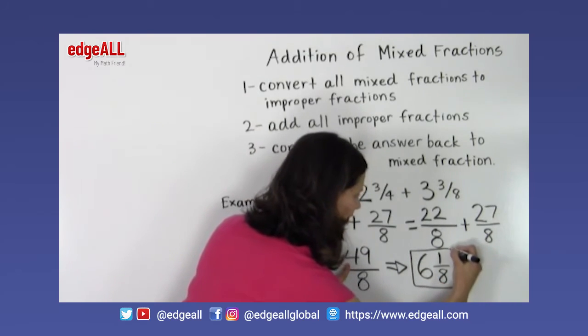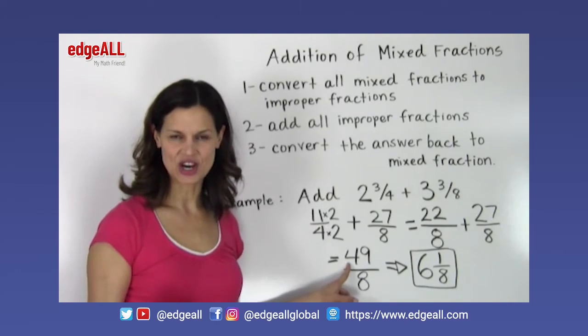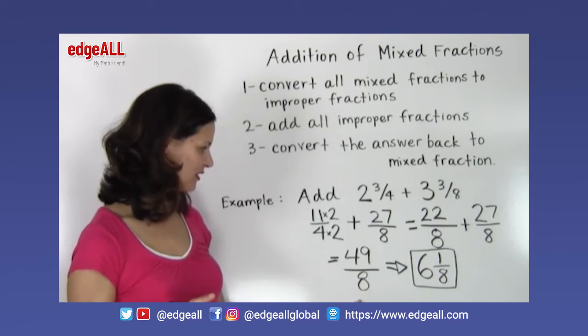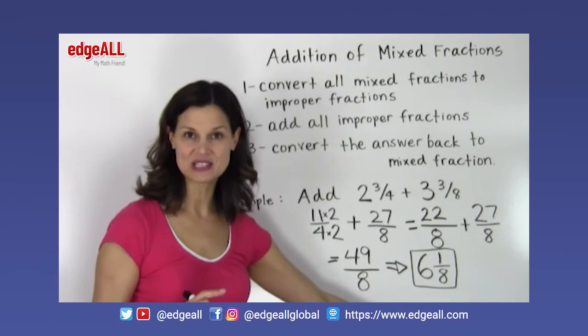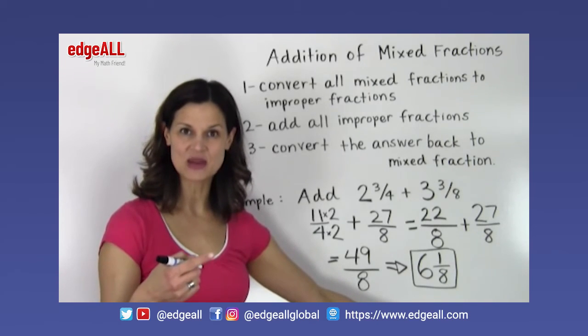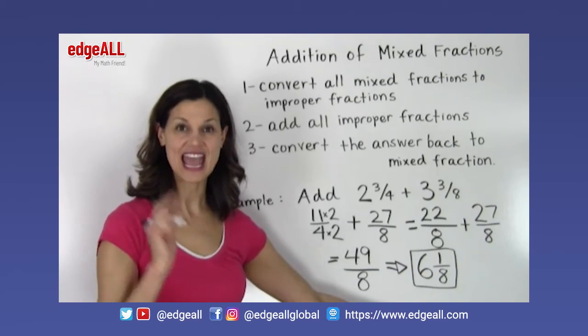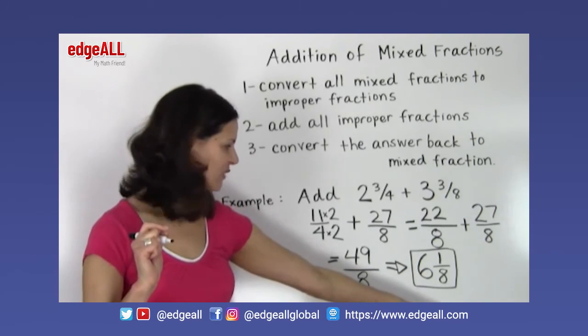And so I convert it back this way, and I can always do a check to make sure that I have the right answer when I've converted from an improper fraction back to a mixed fraction. What I'm going to do is the same steps that we do to convert from mixed fraction to improper fraction and make sure that my answer is right.